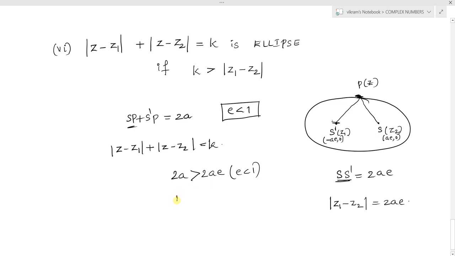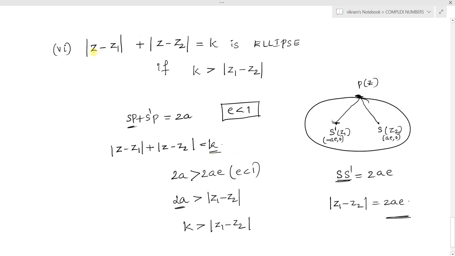So we can write 2a is always greater than mod of z1 minus z2, and we represented this 2a with some constant K. Now K has to be greater than mod of z1 minus z2.